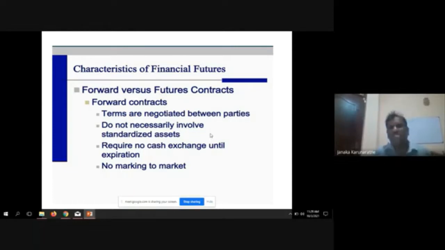But the problem in forward contracts, what is the main problem? What do you think? When contracts take place in this manner, what could be the major problem? Anyone? What do you think?